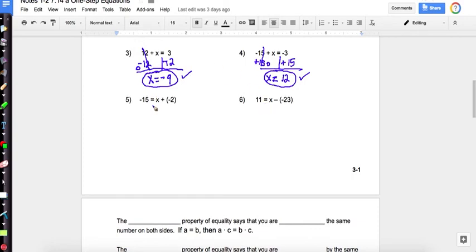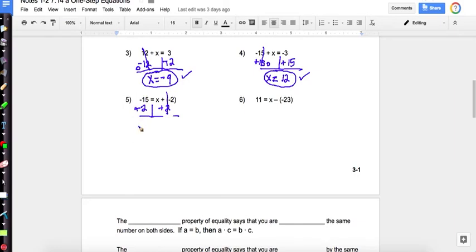Okay, the next one, draw your T, and now the variable's on the right side, but that's okay. So how do you cancel out 2 negatives? Good, you can add 2 positives. So I'm going to add 2 to both sides. And the 2's cancel.